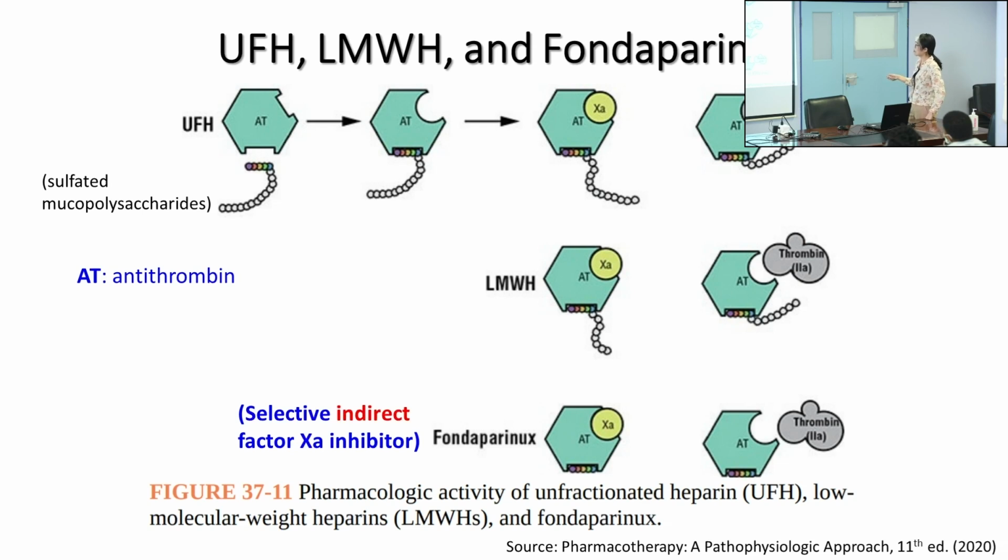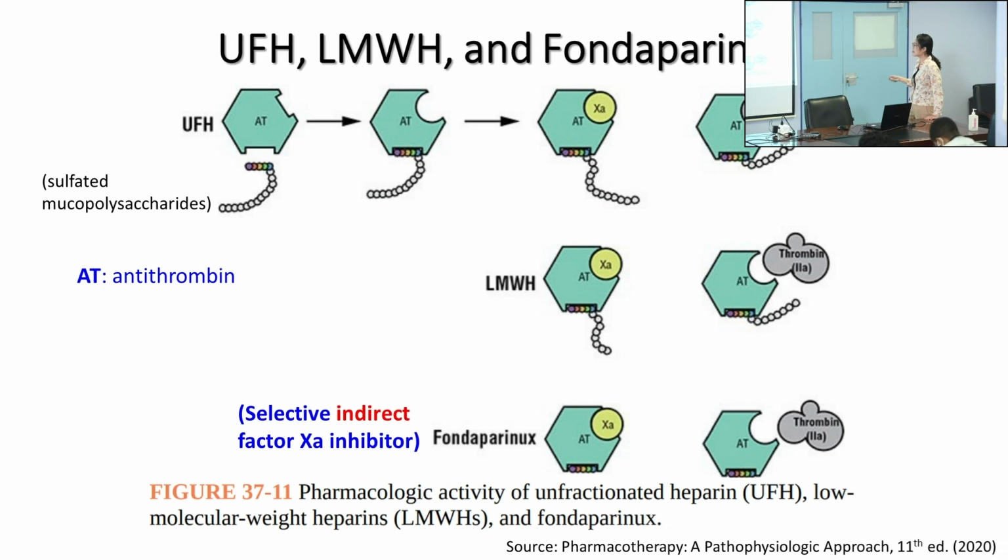That is why low molecular weight heparin has weaker inhibitory effects on factor 2. And fondaparinux is even shorter. It's just a compound that mimics the binding site of heparin and low molecular weight heparin. Because it can still interact with antithrombin, the factor 10 effect is okay, but because the arm is too short, it cannot touch the thrombin, so it has a poor inhibitory effect on thrombin.